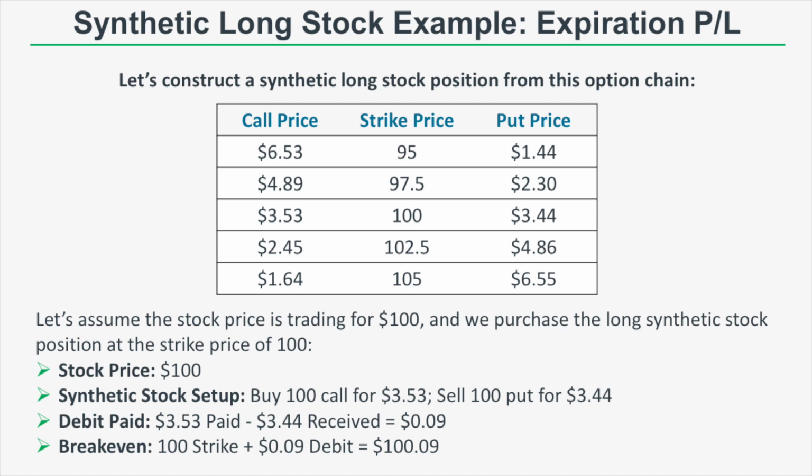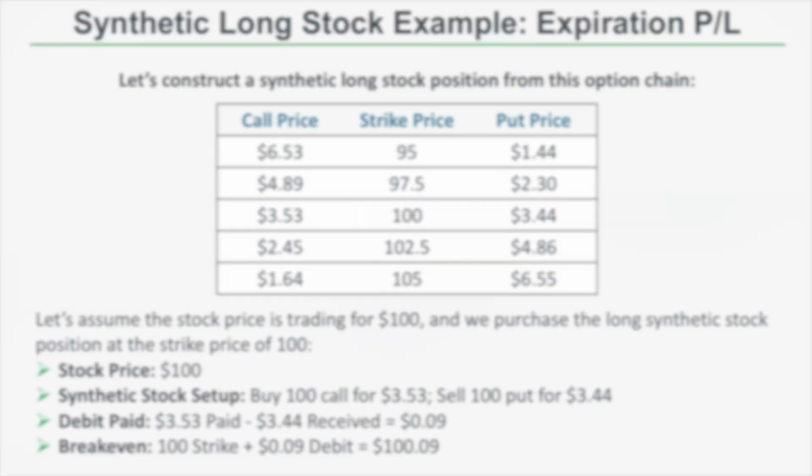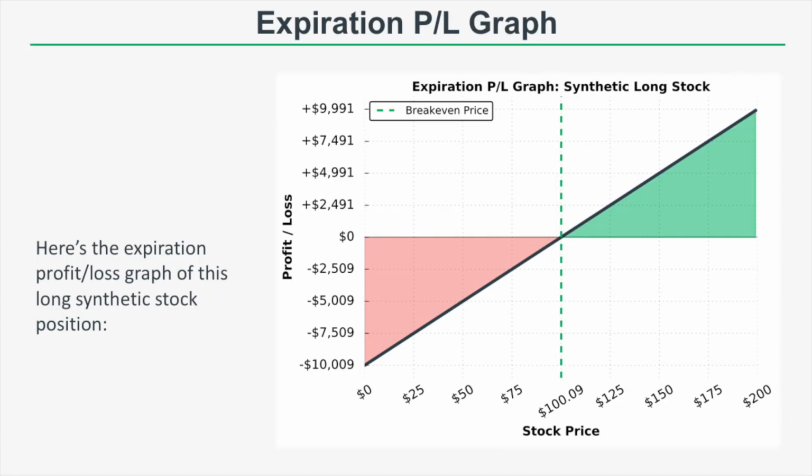So let's take a look at the expiration risk profile graph for this position. As we can see, the risk profile graph looks identical to the risk profile graph of a long stock position. Our break-even price is 100.09, and our worst case scenario is if the stock price goes to zero, in which case we would lose $10,009.